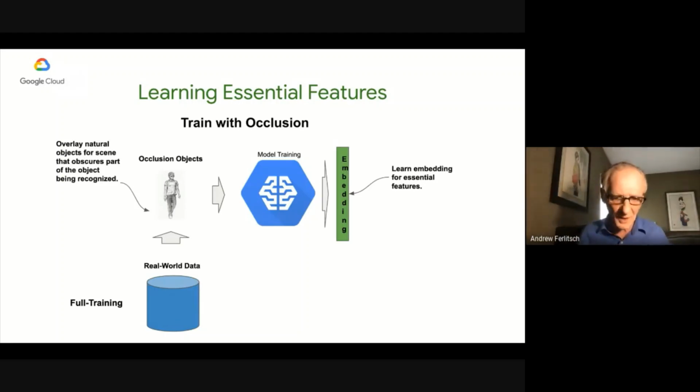So when we're training the model for pedestrian prediction, we also like to use another data set which has occlusion objects that get overlaid and partially occlude, at random, the things we're training. And that helps the model learn how to fill in the missing parts of the essential features when they're occluded.